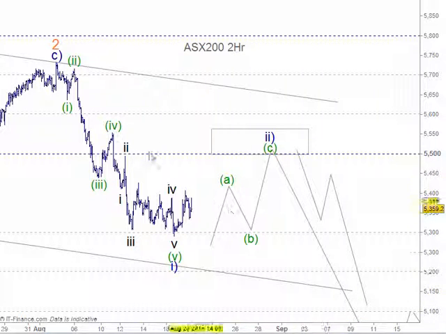Because when you think about it, if this is wave 2 here, and then this is wave 2, we're going into the third, well, this will be the third wave of the third wave, and then this will be down for 1 and back for 2 of the third wave again. So this is where we get gapping and all those sorts of things. So we could open up on the Monday quite severely down, so to speak. So just be very careful about what goes on from this point on.